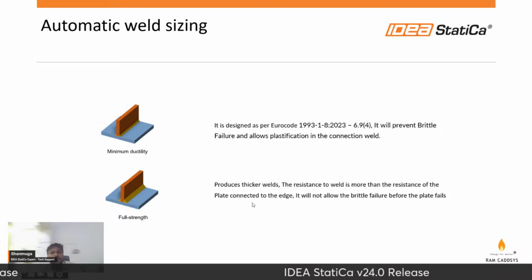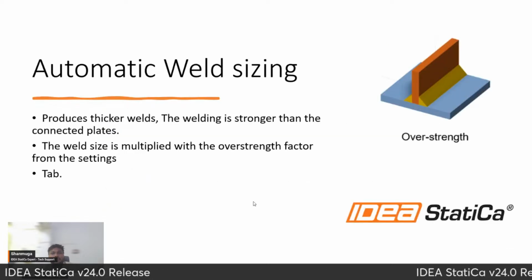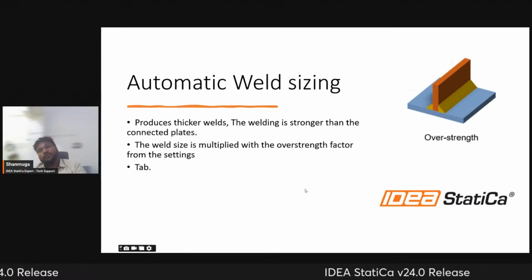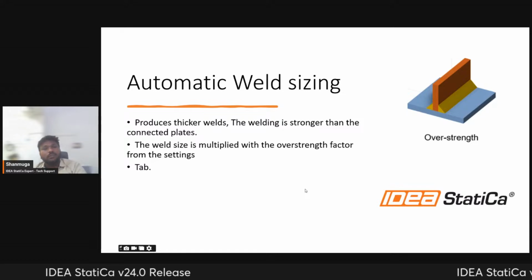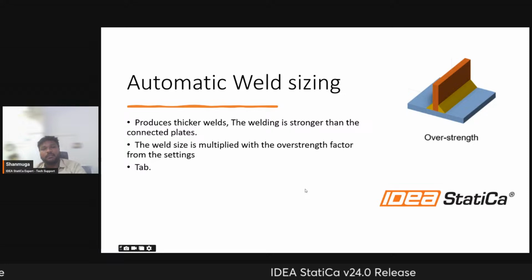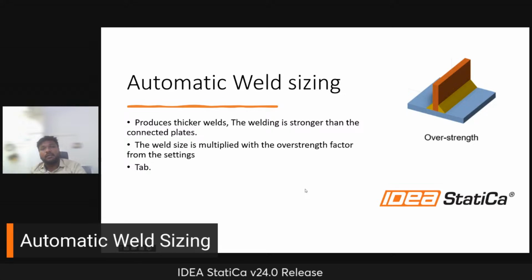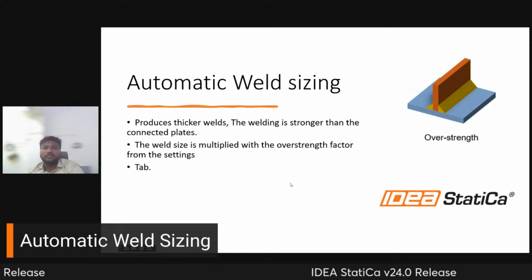So it will not allow brittle failure before the plate fails. And the other option, we have the automatic weld sizing according to the over strength. Even thicker welds are produced from here. The welding is very strong here in the connected plates. The weld size is multiplied with the over strength factor from the settings tab.